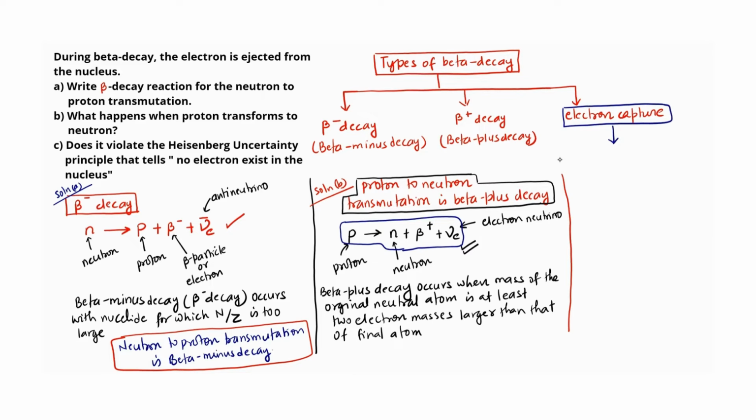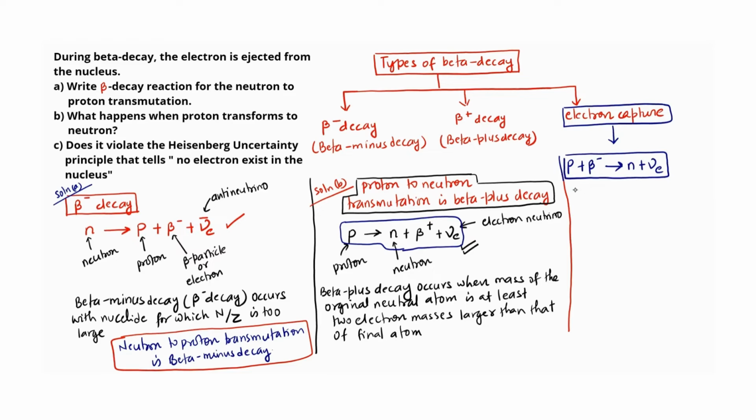We have this proton and beta particle, so proton and electron combine to give neutron along with electron neutrino. So this represents electron capture.